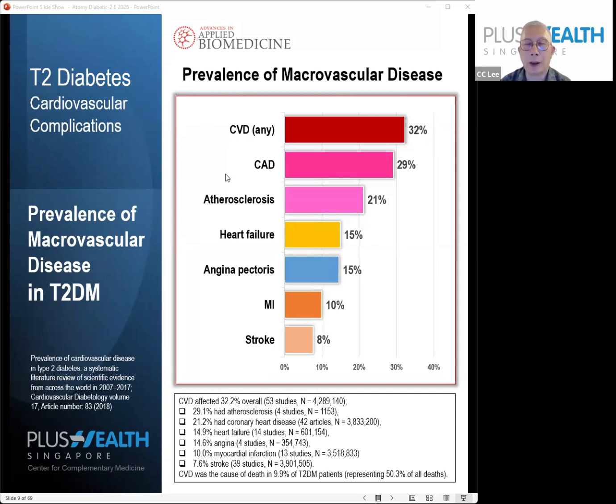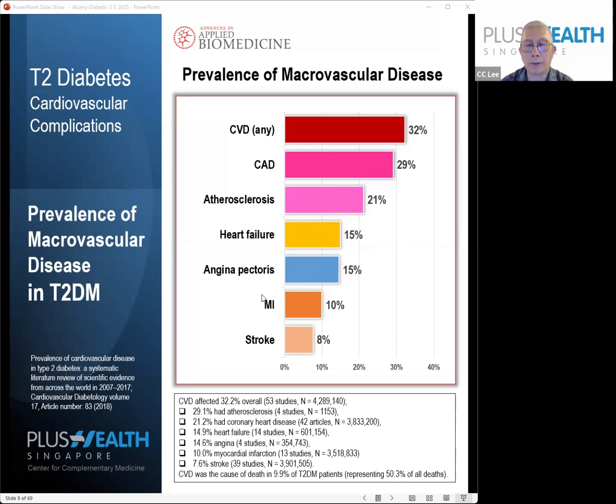Among them, one of the highest prevalence rates is coronary artery disease, which is disease relating to the heart blood vessel itself. This accounts for one of the highest prevalence rates in the CVD spectrum, followed by atherosclerosis, heart failure and angina pectoris, which is basically chest pain, a symptom of chest pain itself.